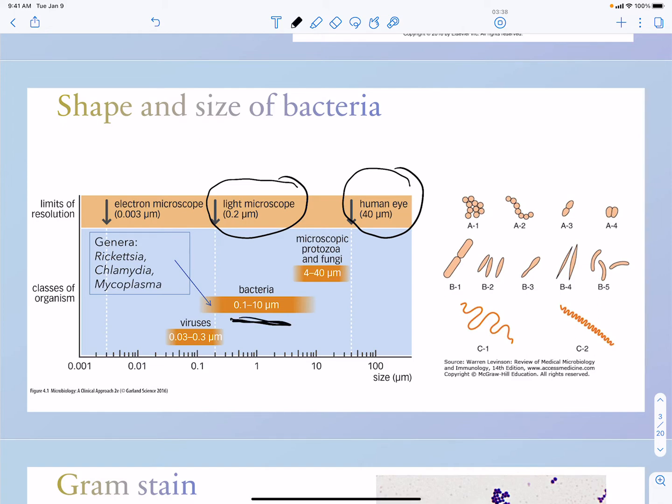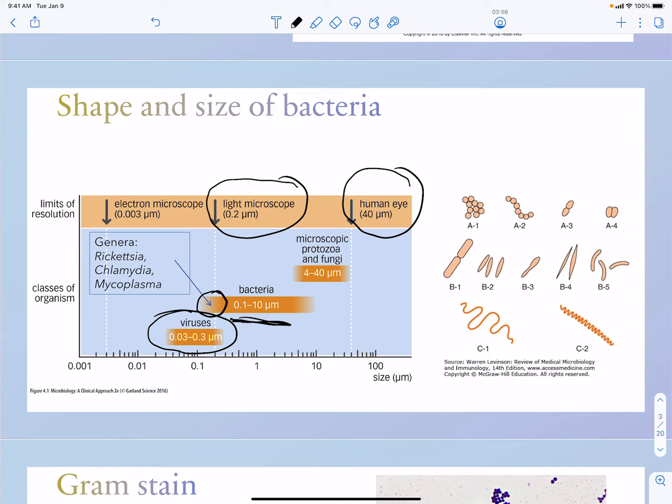And then, of course, our viruses are smaller. Some of the smaller bacterium are the rickettsia, chlamydia, and mycoplasma, and they're sort of right at that threshold of being able to view under light microscope or requiring an electron microscope to see them.